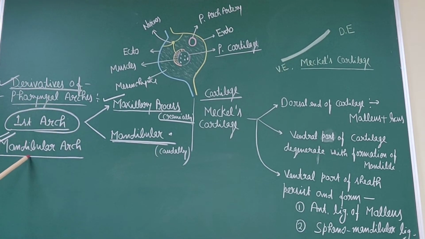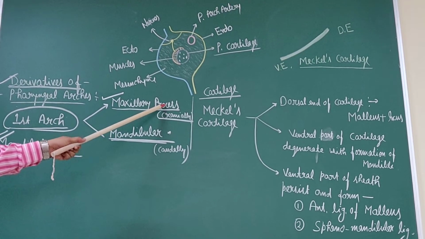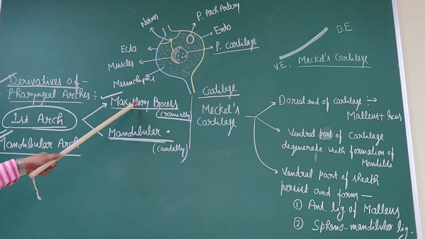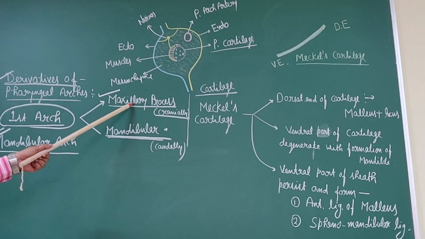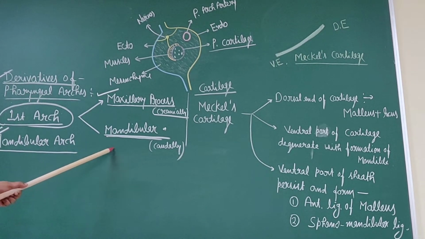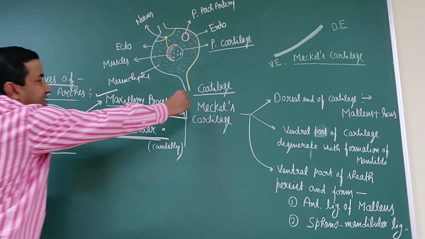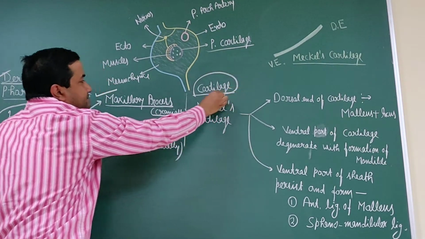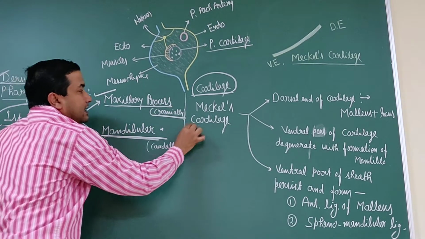So this mandibular arch has two processes. The maxillary process forms part of the upper lip, jaw and the palate, while the mandibular process forms the mandible.